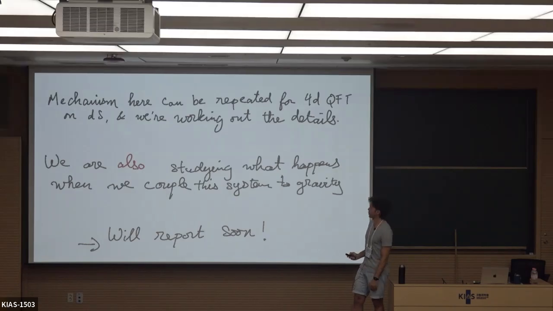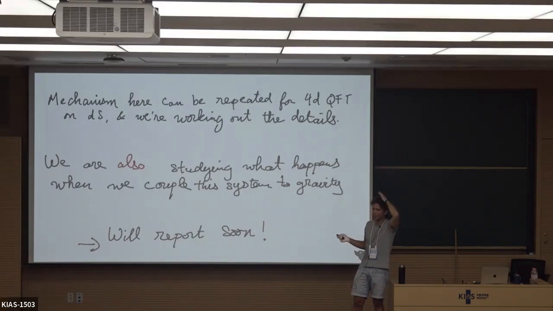Also, going back to what Shota was mentioning, we're interested in understanding what happens if we couple this theory to gravity. The argument that Shota made for these topological operators not existing because the curvatures become strong is not really a problem in 2 dimensions, because in 2 dimensions the Einstein term is topological.